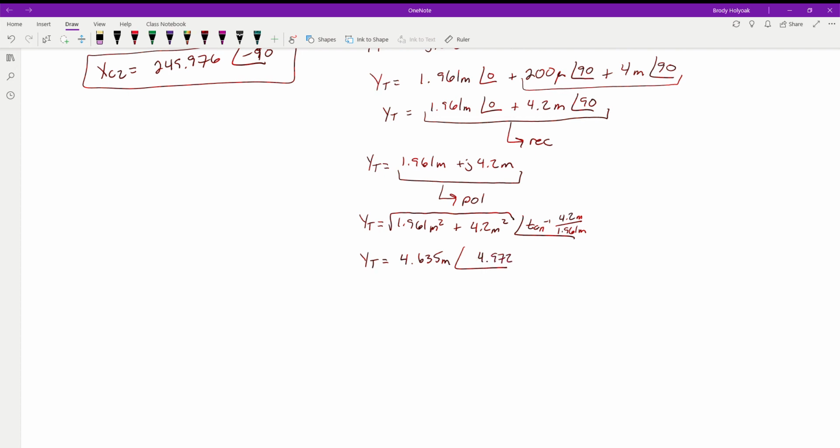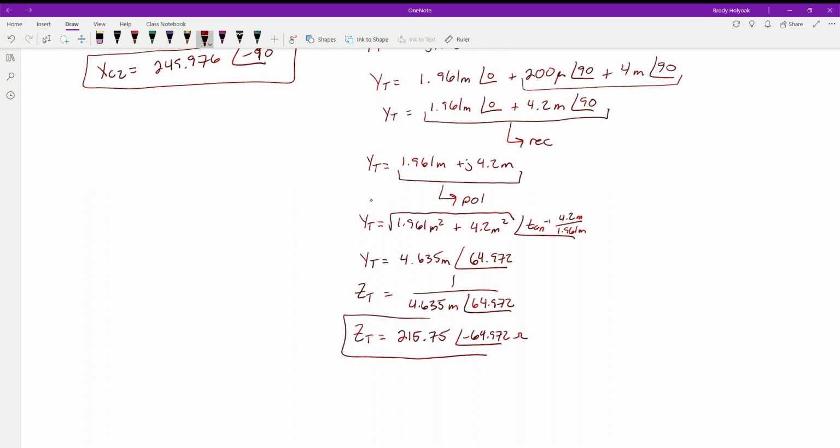Sorry, that's a positive value. Then we're going to take the reciprocal of both sides, so we end up with our impedance total. The final impedance of our circuit ends up being 215.75 ohms at negative 64.972.